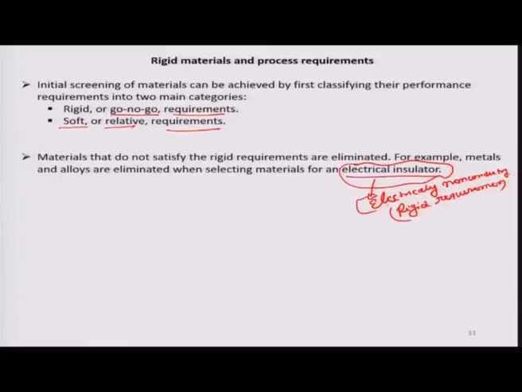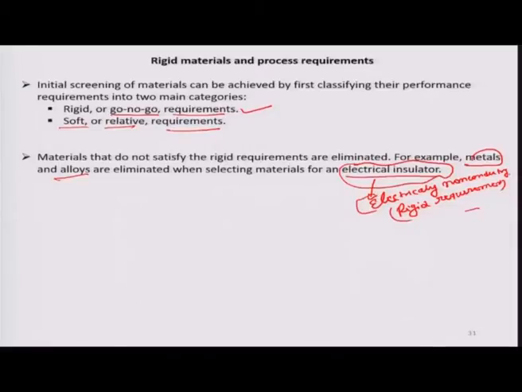So you simply eliminate metals and alloys, and a significant portion of the material list has been eliminated using only one rigid requirement. Then the second is soft, or relative, requirements. Electrical insulators have a variety of materials which possess electrical insulation, so this is the soft requirement.